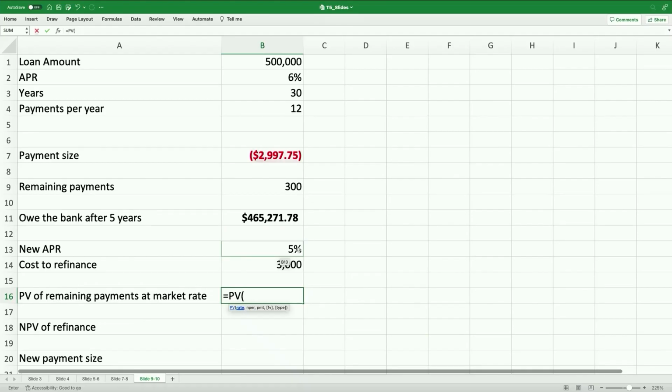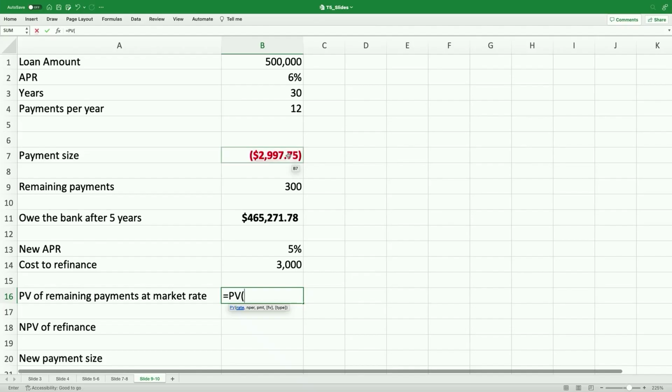If I don't refinance and I keep on paying about $3,000 a month, how much would I have overpaid? In other words, if I had found a bank that was offering me 5% and I had said, okay, bank, I'm going to give you a $3,000 payment for 25 years, for the remaining 300 payments, what is the present value of that?